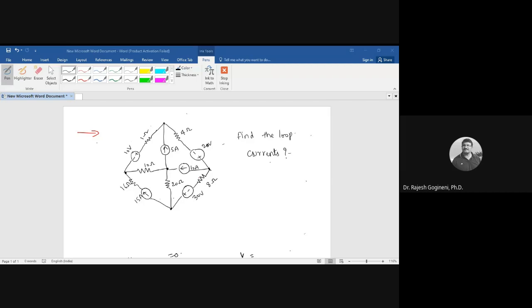Mesh, 4 meshes. Any super mesh are there in the circuit? So total how many KVL equations are required to solve this problem? Tell me how many KVL equations.